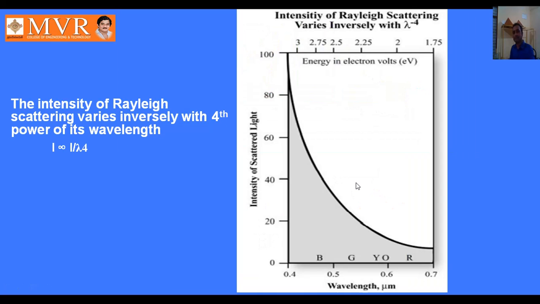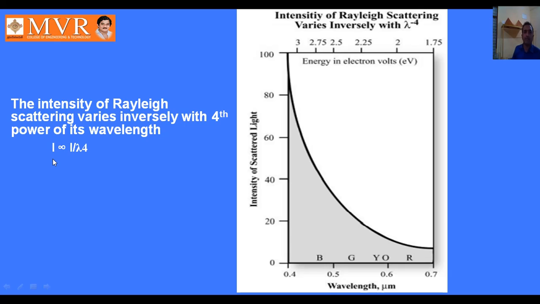That is why, if you observe, scattering intensity is directly proportional to 1 by lambda power 4. So when lambda is very small, the scattering is very high. When the wavelength is very short, the intensity of scattered light is very high.